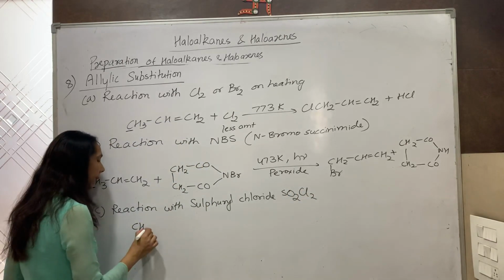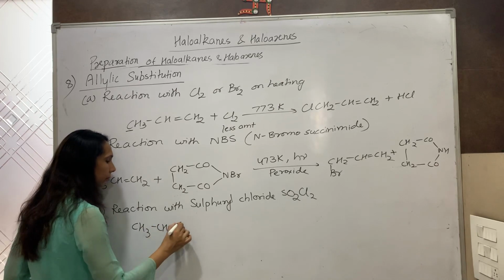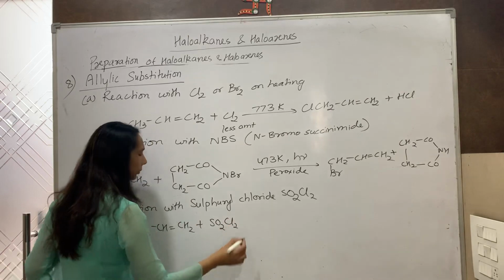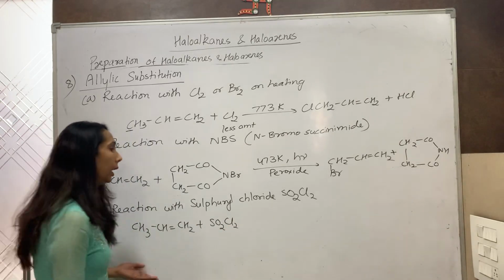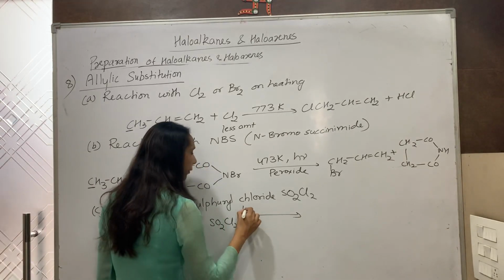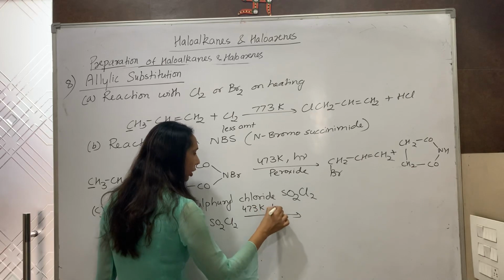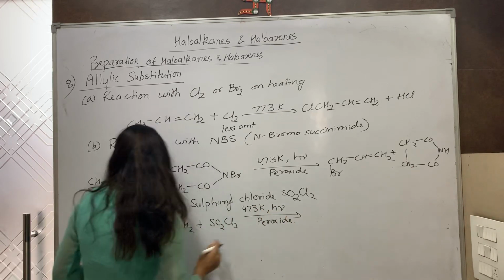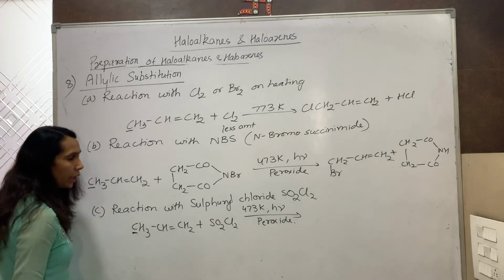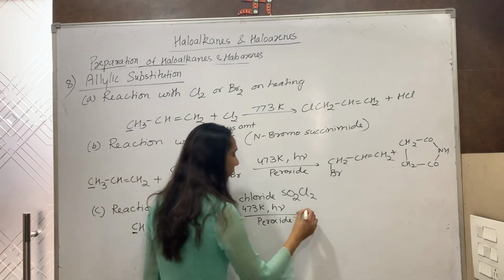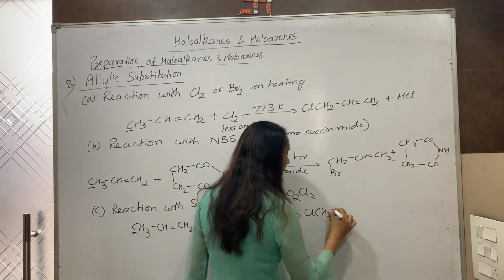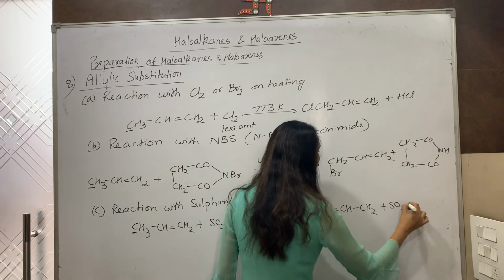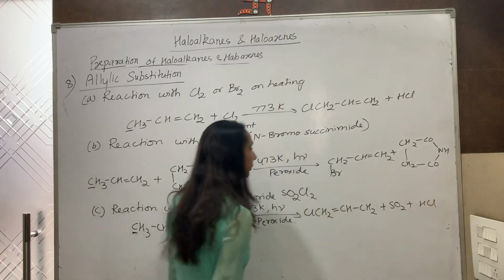So when propene reacts with SO2Cl2, same conditions, 473 Kelvin temperature, sunlight, peroxide presence, the allylic hydrogen is replaced by a halogen. So we get Cl-CH2-CH=CH2 plus SO2 plus HCl.